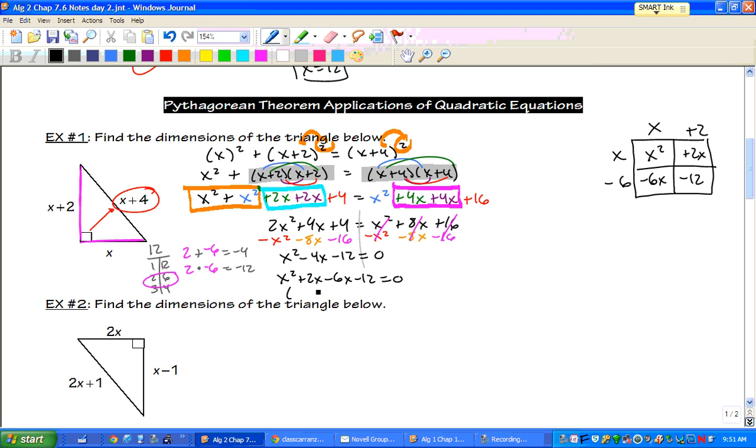And the nice thing about that is that gives us our two binomials, the x minus 6 and x plus 2, equals 0. So we know that x equals 6 and x equals negative 2. Now, when you plug that in, we can't have a negative length, so that's why the negative 2 doesn't work.